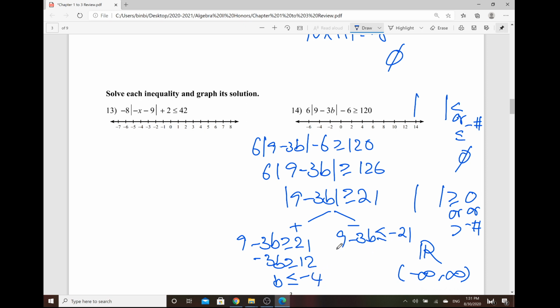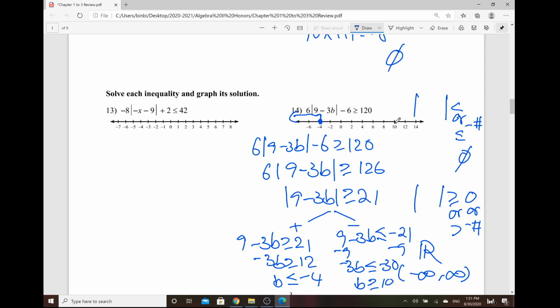And then over here, subtract 9 from both sides. We have negative 3b less than or equal to negative 30, and then b is greater than or equal to 10. So negative 4 with less than or equal to means a closed circle, and it goes to the left because that's less than.